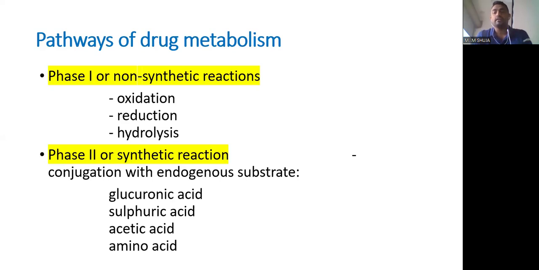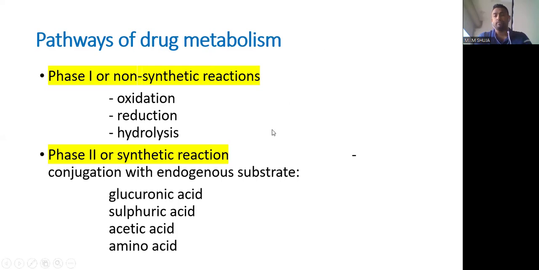So I told you there are two phases or two pathways. One is phase 1, which we call non-synthetic reaction. There is no synthesis or adding of new molecules. You metabolize by oxidation, reduction, and hydrolysis.